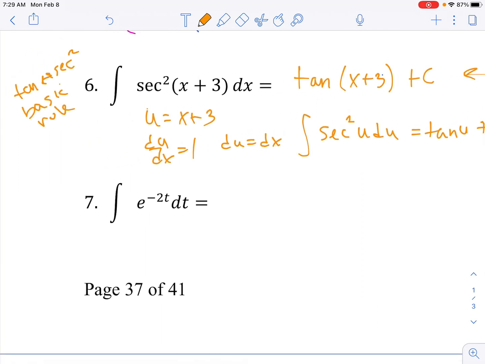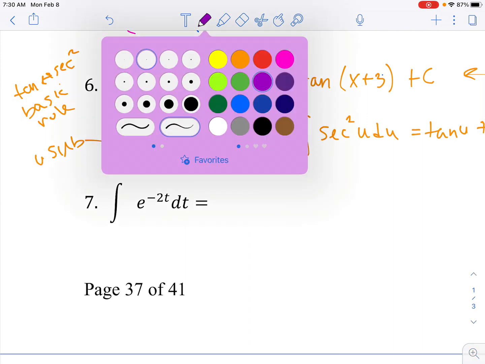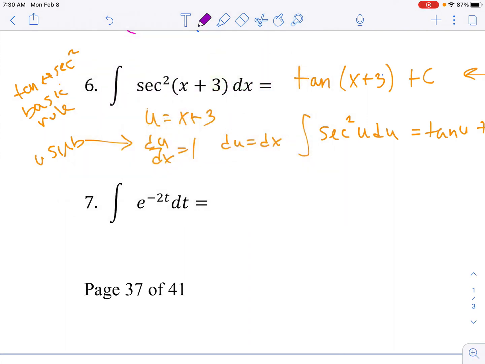Number 7 is also one of those where we could almost call this a u sub, but you don't have to. We could call this a u sub, and we'll talk about that, but it really is a basic rule.